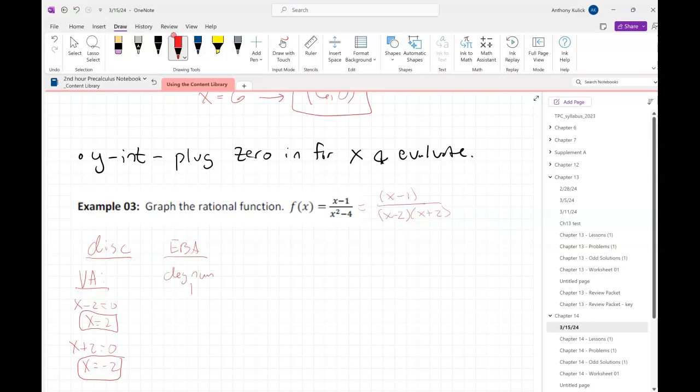It is 1, and the degree of the denominator is 2. So the degree of the numerator is less than the degree of the denominator. What happens there? That's y equals 0. So far, so good?